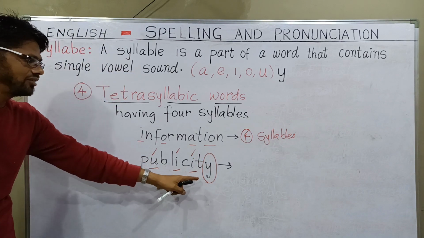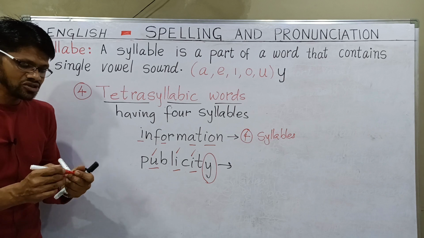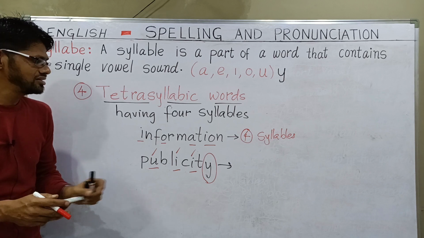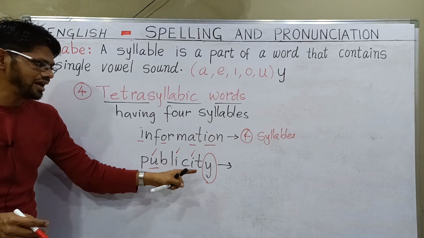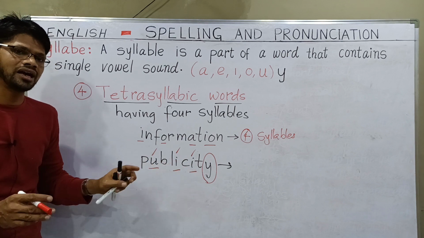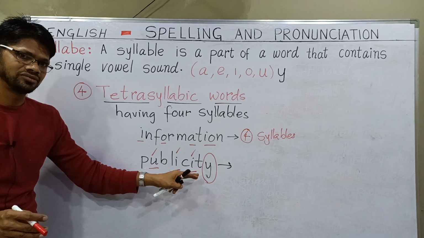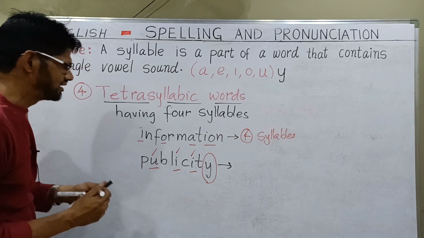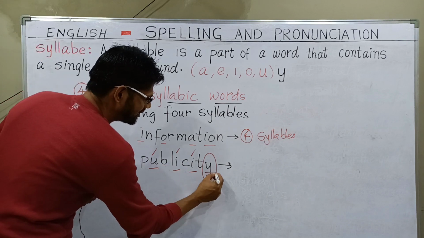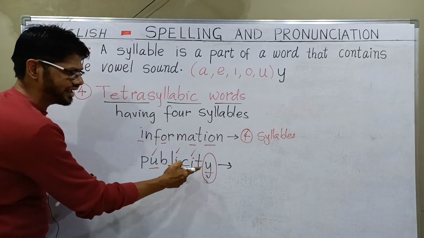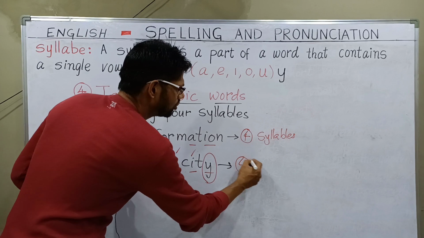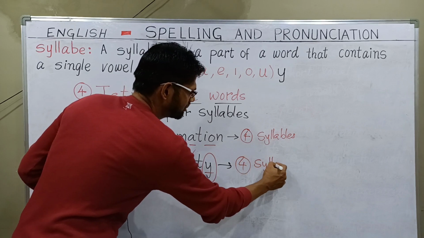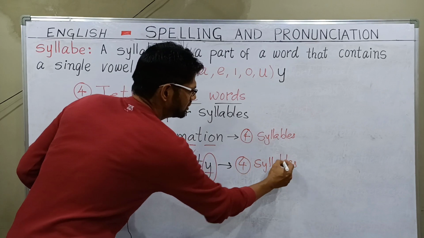I have already informed you that Y plays a very important role in the English language. Y sometimes can act as a vowel. Here in publicity, Y is also giving the I sound and it is acting like a vowel. So publicity also has 4 syllables.